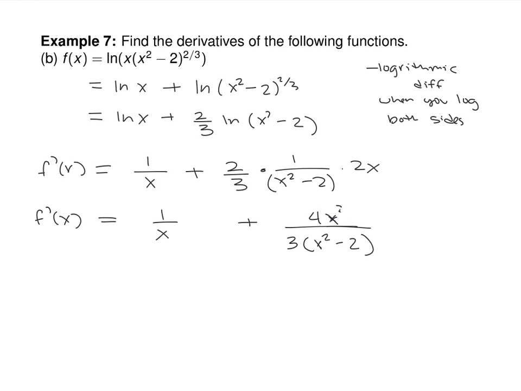Okay. So what would you multiply by to make the denominators common? First one needs a 3 and an x squared minus 2, right? What does the second one need? An x over x.